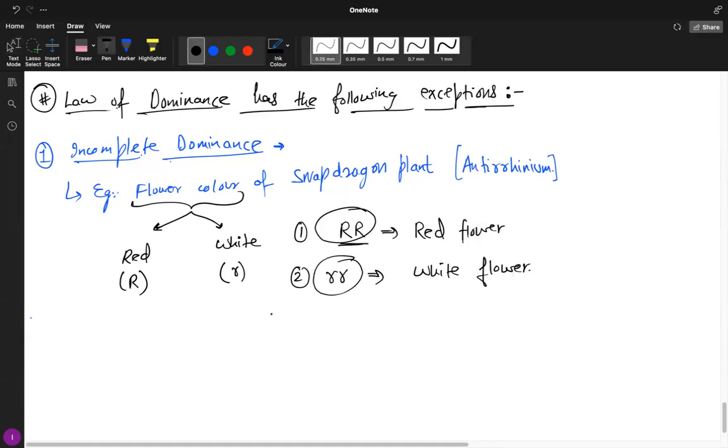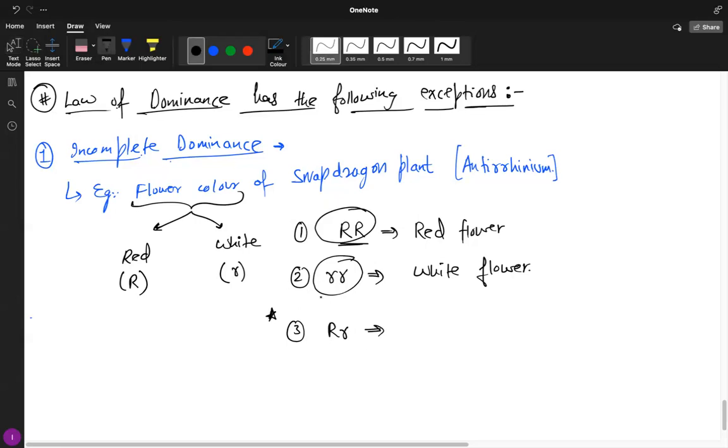Now, the problem started here. If you have a genotype which is capital R, small r, according to Mendel, what should be the flower color? If you would have asked Mendel, and if law of dominance would have been followed, what should be the flower color? Red. It should be red.